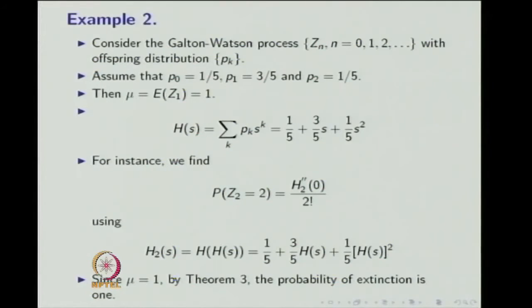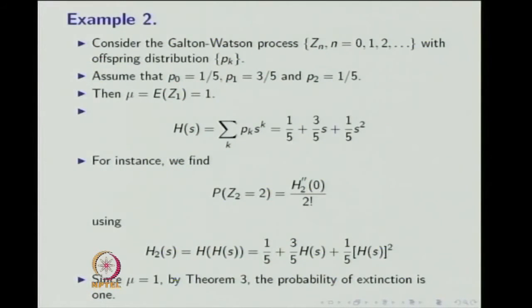Using this, one can find the distribution of Z_n also. For instance, we find the probability of Z_2 is equal to 2. For that you need the probability generating function of Z_2.